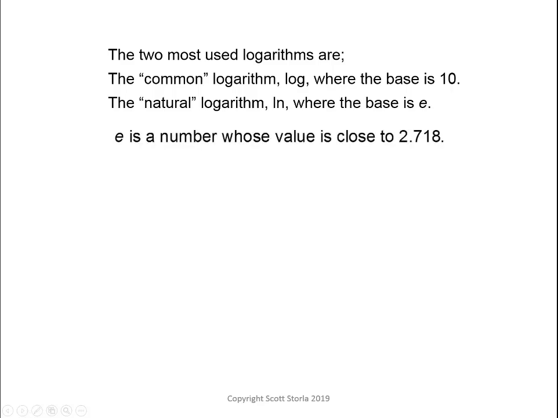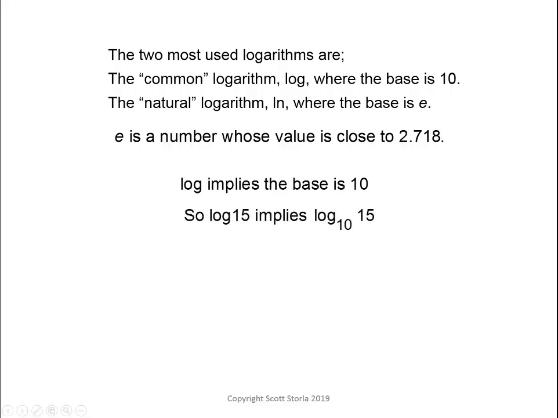And e is just a number, and it has a value that's close to 2.718. We use the letter e in the same way we use the letter pi to stand in place of a number which is close to 3.14. So log implies the base is a 10.